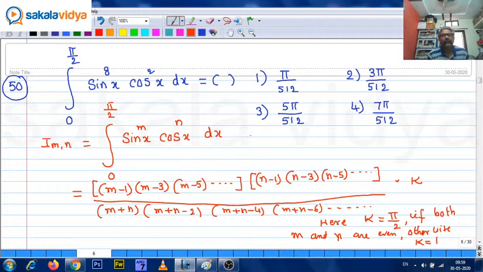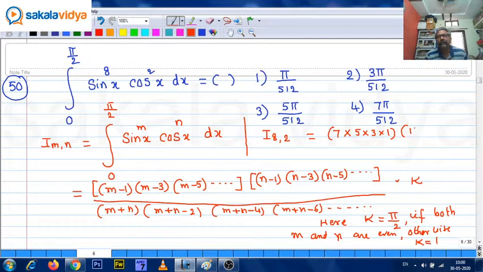Here directly we can apply. So for the required formula, we need to find I8,2. That means 8 minus 1 is 7, into 7 minus 2 is 5, into 5 minus 2 is 3, into 3 minus 2 is 1. Completed. After that you will get a negative value. Stop. Next let us go for n minus 1. N is how much? 2.